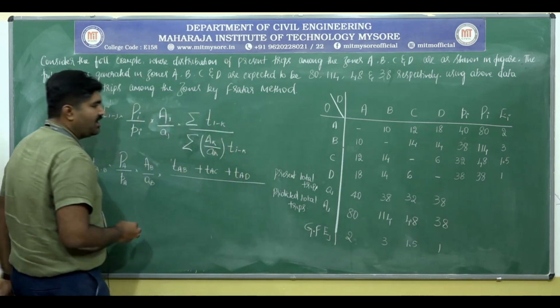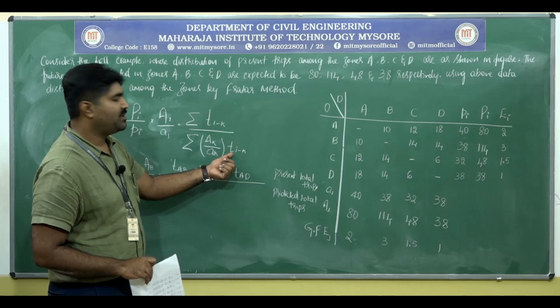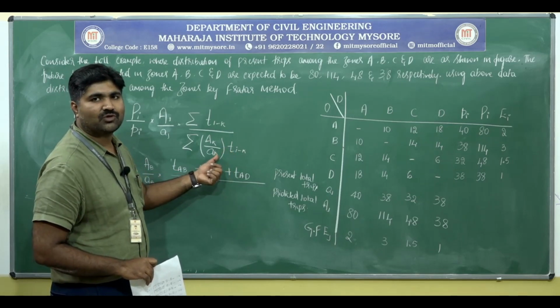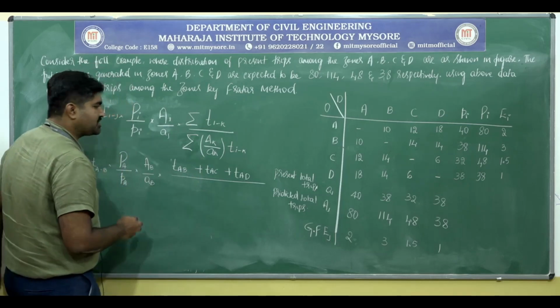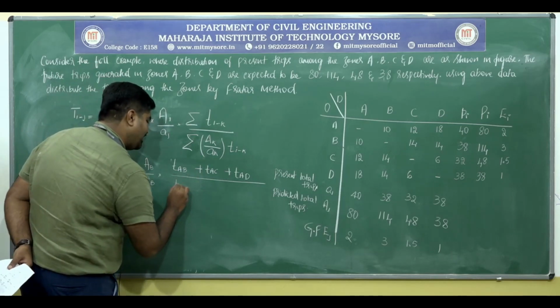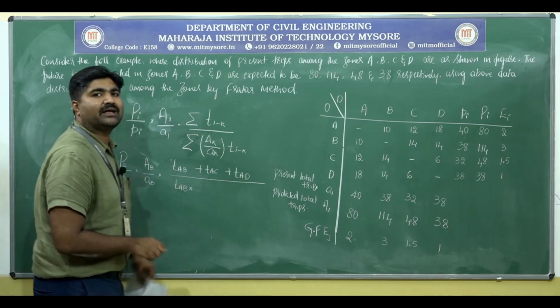Next, these trips should be multiplied with the attraction growth factor. T A to B into the particular attraction growth factor.